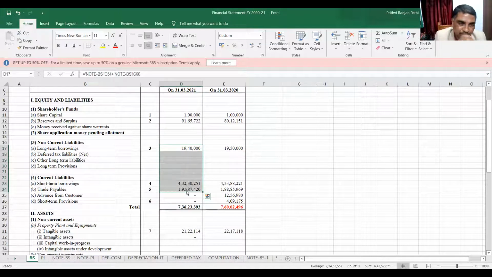Yes or no? Whether somebody has noted down the book value of assets? It is 736,23,973. Okay.